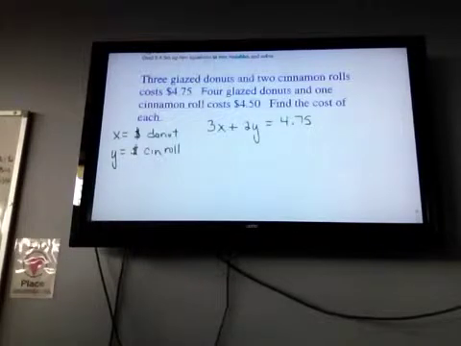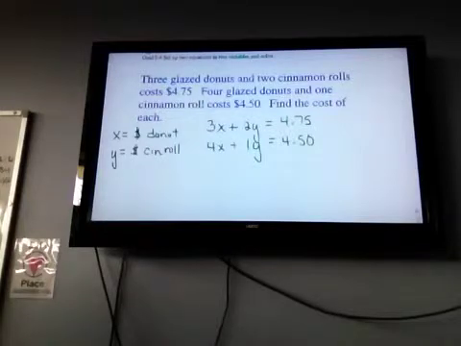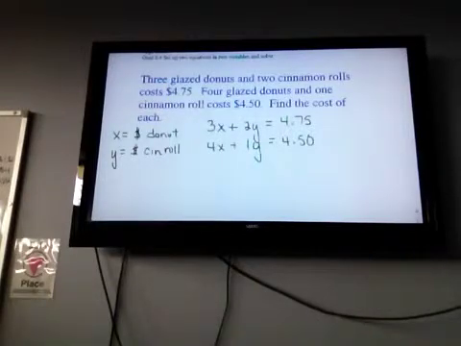So 4 X's and 1 Y is 4.50. So now that's our setup. That's our new piece. That's our goal 8-4, setting up the word problems.